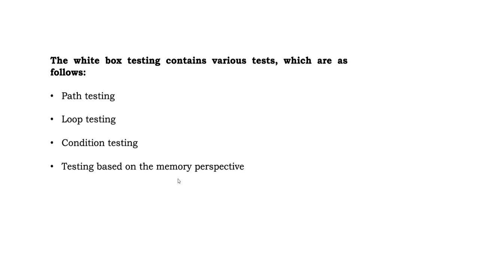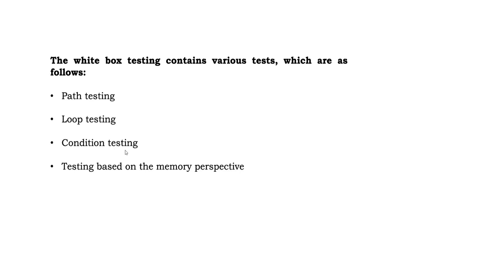Okay, so there are four different types of testing that we can perform: path testing, loop testing, condition testing, and testing based on the memory perspective. On a high level, in path testing, whether it is able to navigate all the different paths, whether it is able to satisfy different conditions or not, can be tested as part of the path testing. In loop testing, loops such as for loops will be tested.